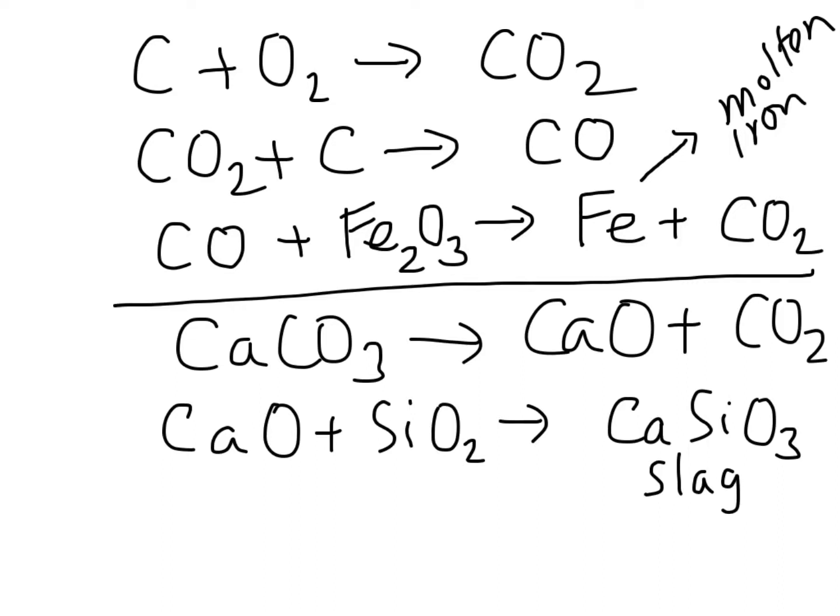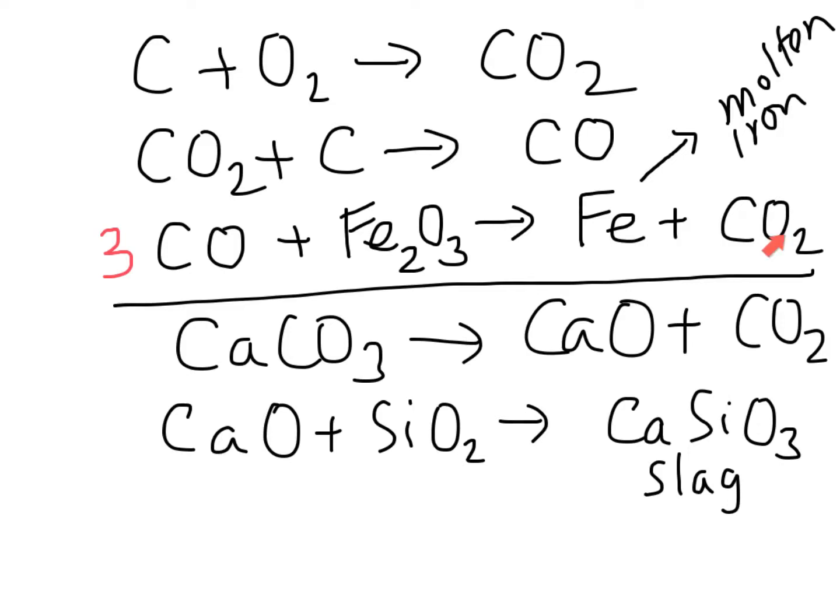Okay, to balance that, you would need to put here a 3. Now it's advisable not to put a 2 here, because that will make the total number of oxygen into an odd number. So I'm putting a 3 here, because that 3 oxygen plus this 3 oxygen makes it 6 oxygen atoms on the left hand side.